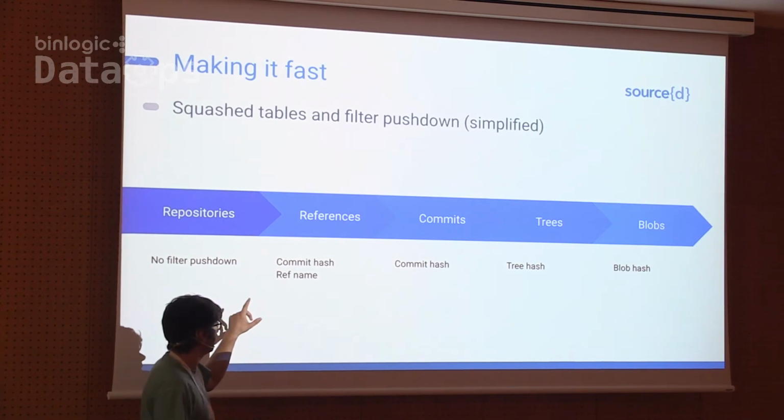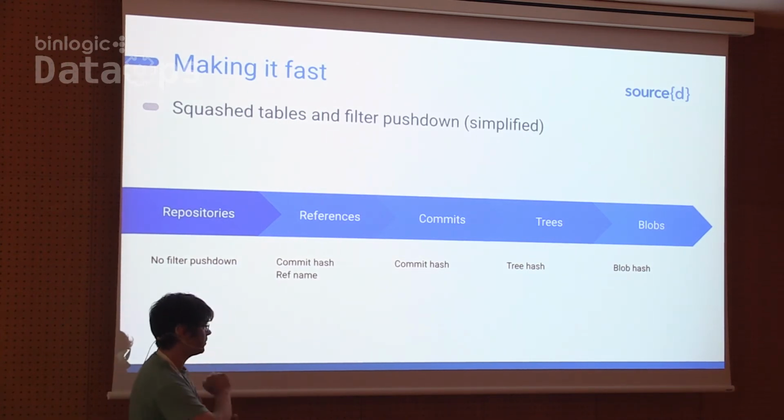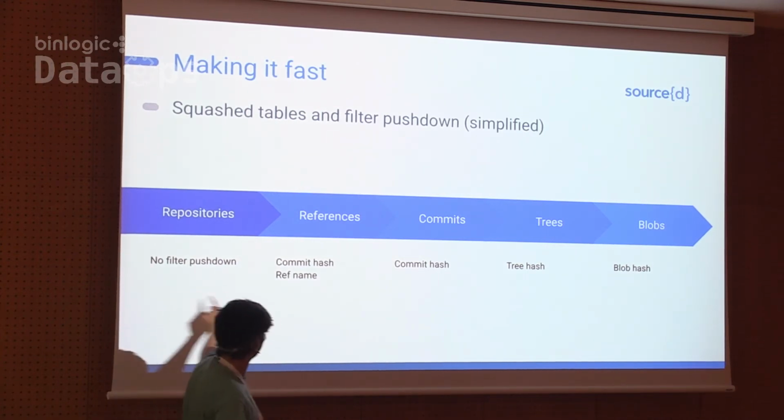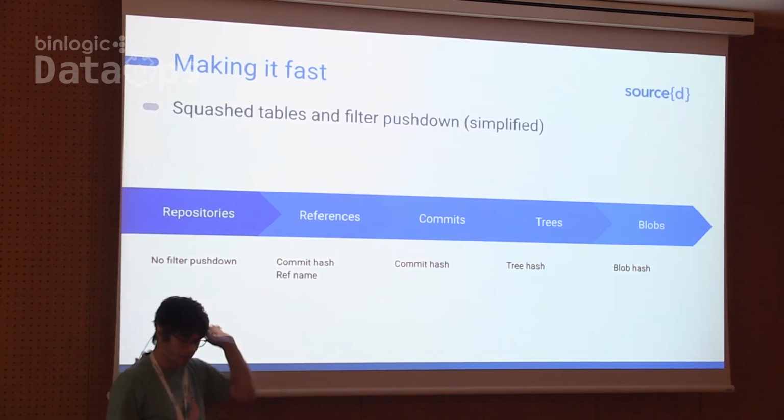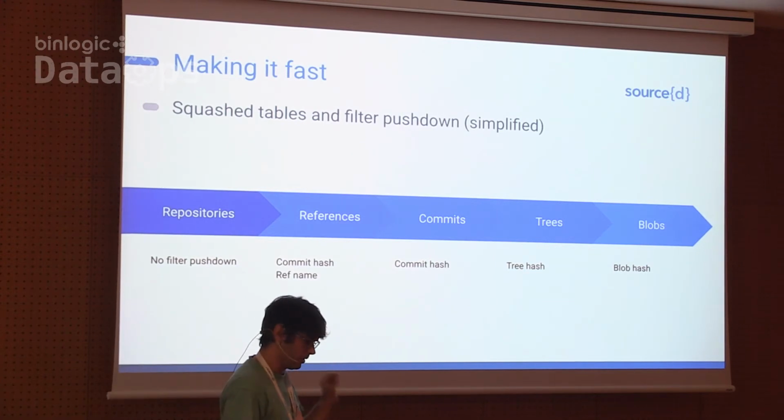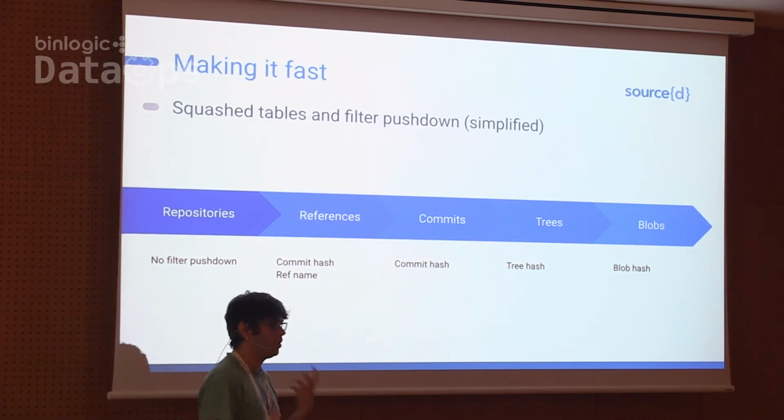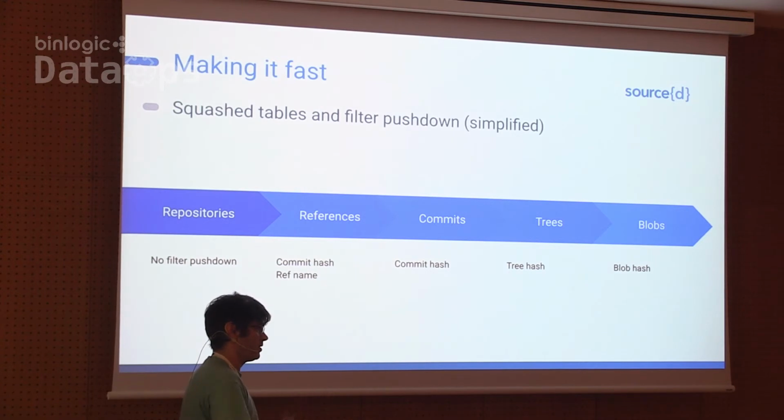The other thing is the filter pushdown. That is this thing that is here. We can tell the tables to retrieve only the objects that we really need. So instead of iterating over all these things, you can say, give me the objects A, B, and C. And that means it's only going to get 3 of them and not hundreds of them.